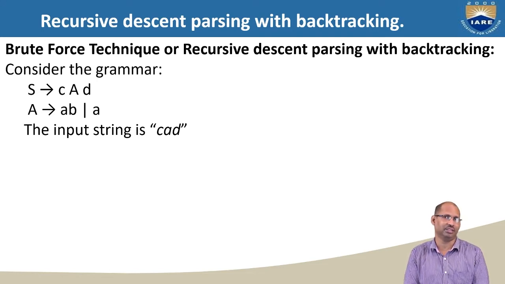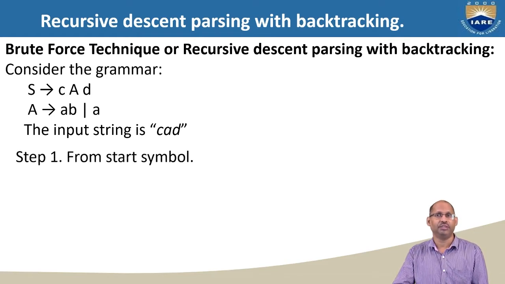What it says is that we always select the first possible production. If we are able to derive our required input string, it is fine. Otherwise, we consider the second possible alternative production for the same non-terminal for deriving the non-terminal. We'll see. Step 1. We start with the start symbol.